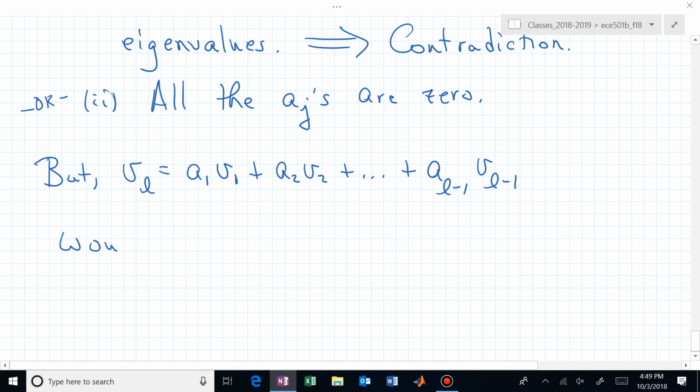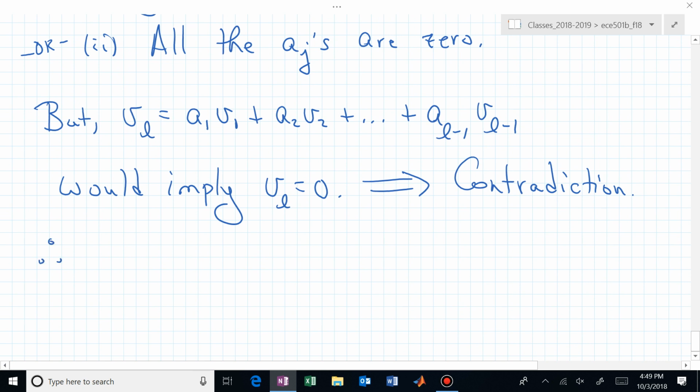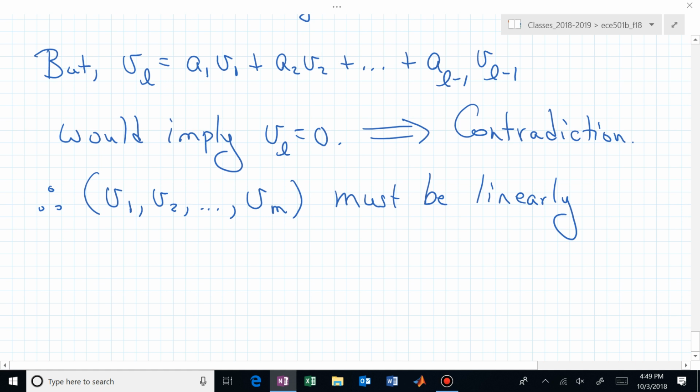So this would imply V sub L is equal to 0, and that's a contradiction, since we assumed it was an eigenvector to begin with. Therefore, we can conclude that V1, V2, up to V sub m must be linearly independent.